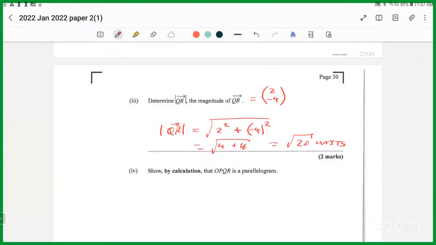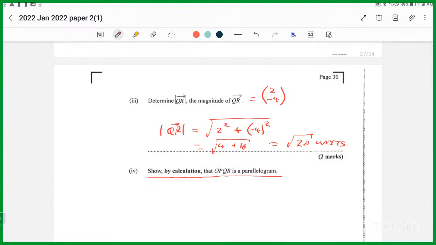This one now says, show by calculation that OPQR is a parallelogram. They like to ask this. They like to ask to show parallelograms. Now what you have to do to show a parallelogram, guys, is to show that the opposite sides are equal vectors, because they are equal in length and parallel.